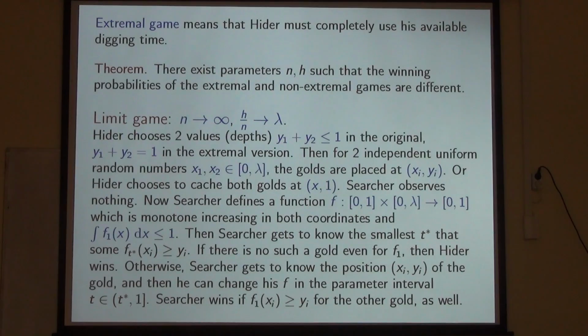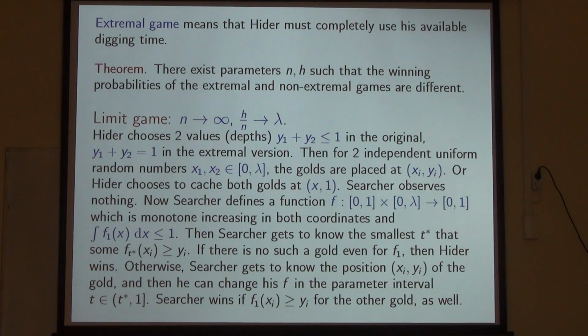So first, we should see that if the hider is forced to choose a uniform permutation on the holes, and the searcher is also forced to use a random permutation on his strategy, it doesn't change the value of the game. And after this, the limit game is defined in the following way.